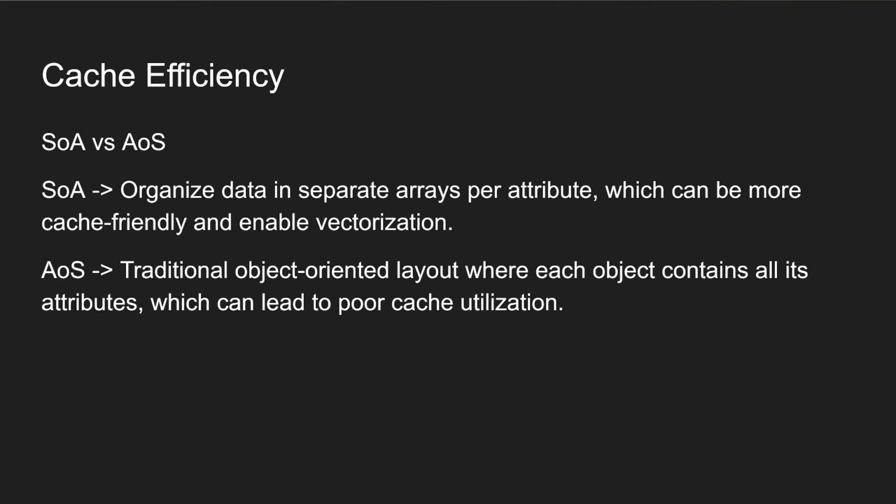A simple example could be structure of arrays versus arrays of structures. In the typical small applications that you might be doing, it might not even matter. But once we scale to something bigger, there are differences that we need to take into account. For example, structure of arrays allows us to organize our data in separate arrays per attribute, or per certain data that we need to do something with.